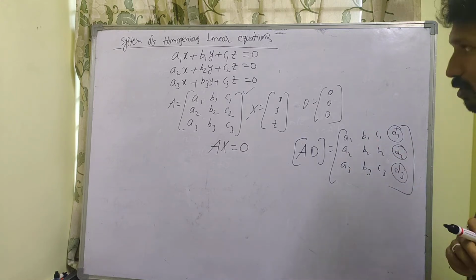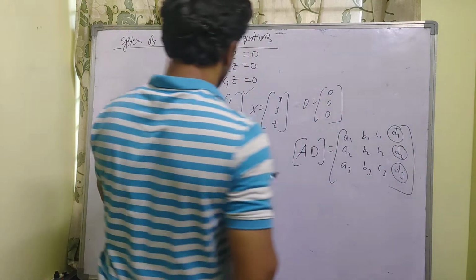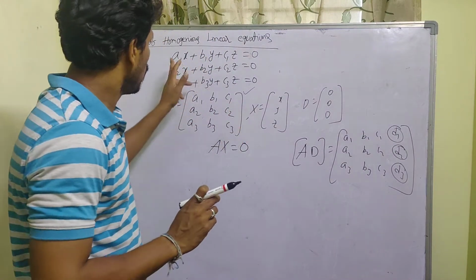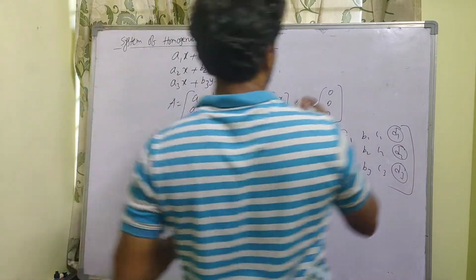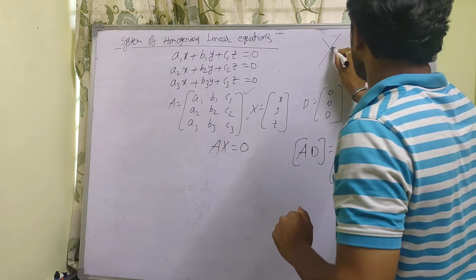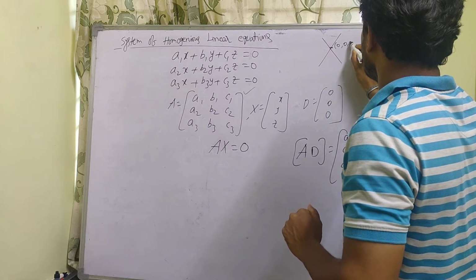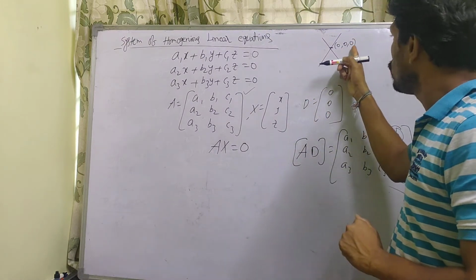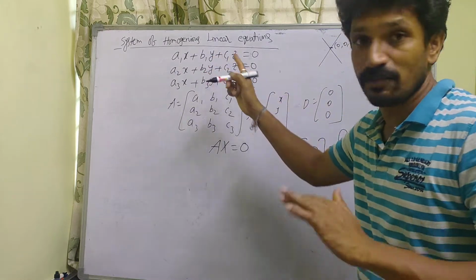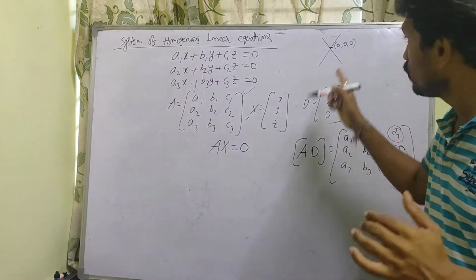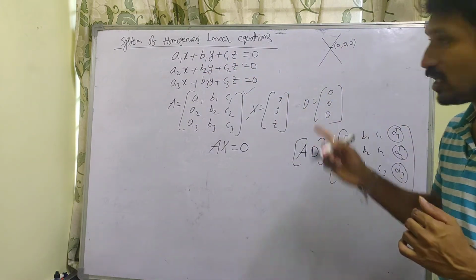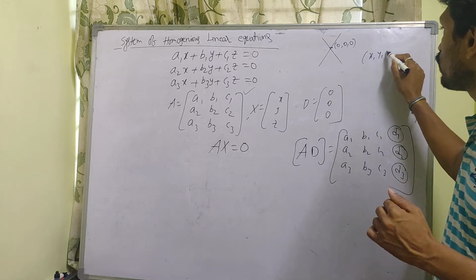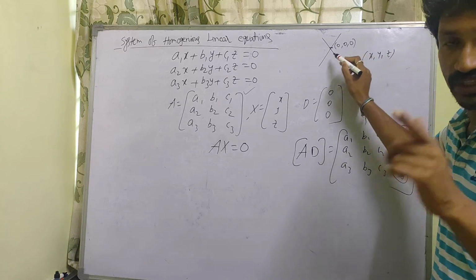But one thing you remember, a very clear analysis: there is no constant, which means it is obviously passing through the origin, 0, 0, 0. It is x, y, z, that means three dimensions, so we get a triplet. In the place of x, y, z it is 0, 0, 0.